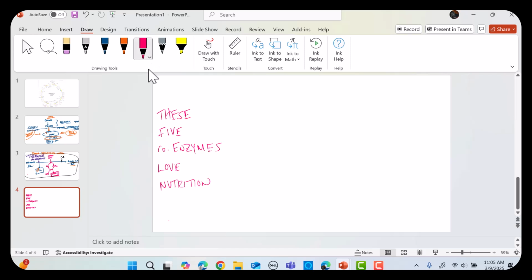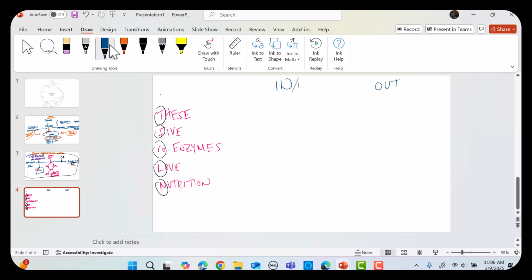And like most mnemonics, what we're using is the first letter. I guess we could use the co on coenzymes. Traditionally, the mnemonic is used for what's going in. We're going to use it for what's going out.